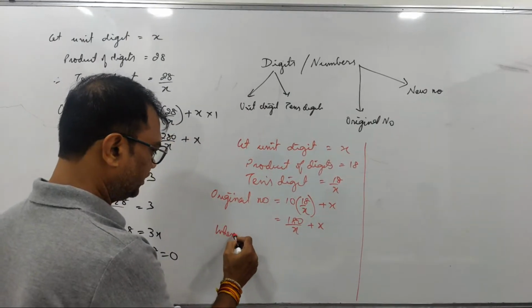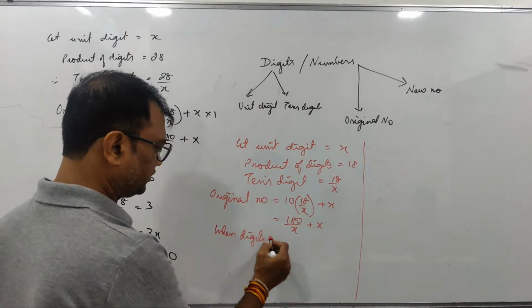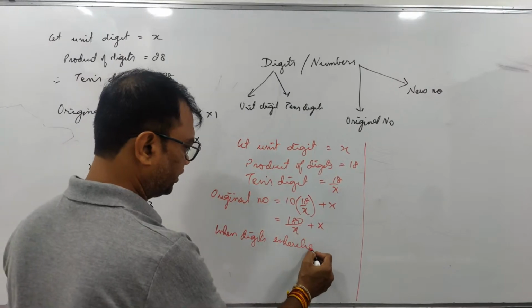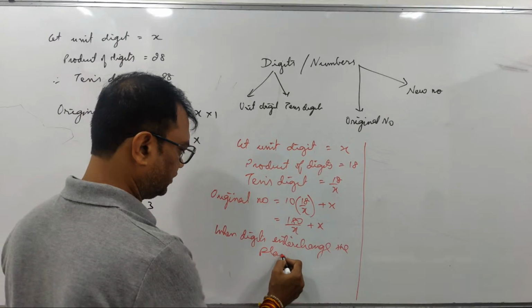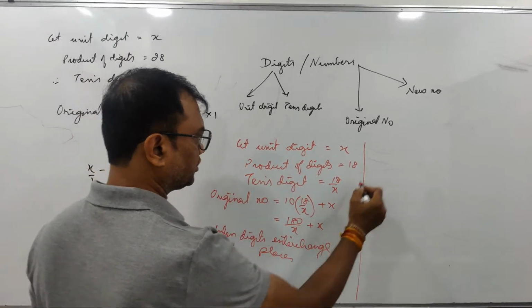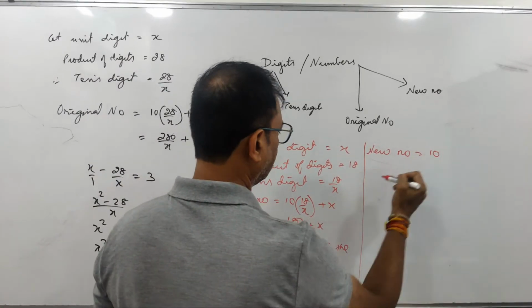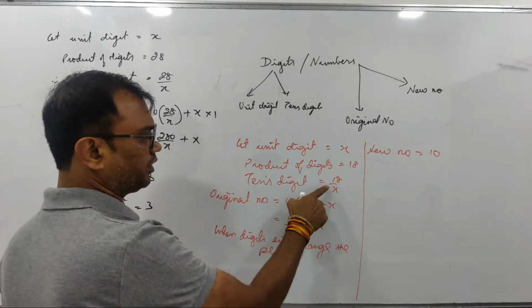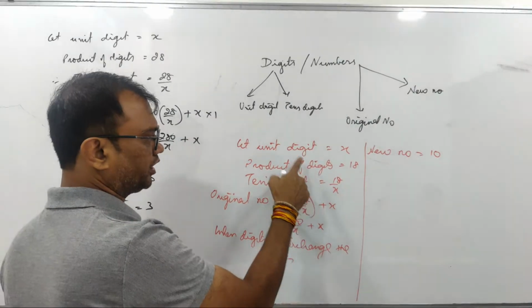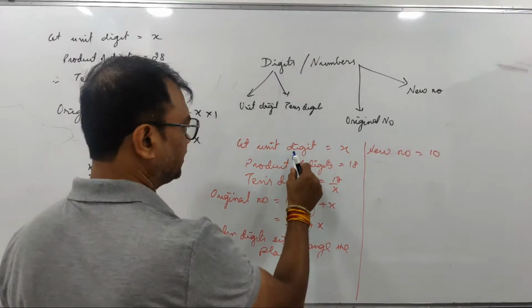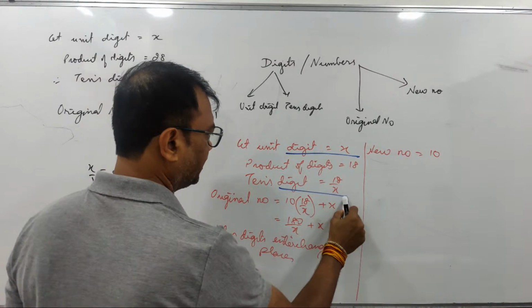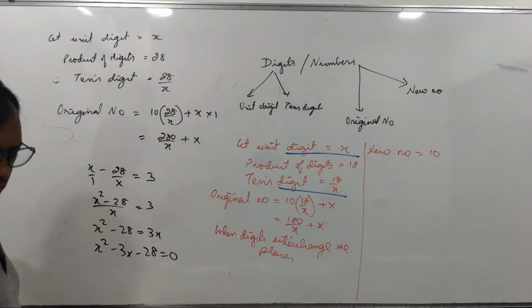So when the digits interchange places, what will be the new number? Now 10 will multiply by x. There are two types of digits. Which are the two digits? The digits are x and 18 upon x.